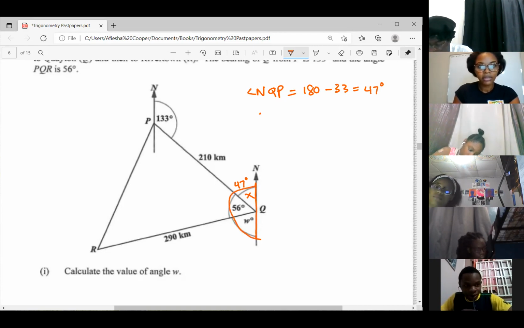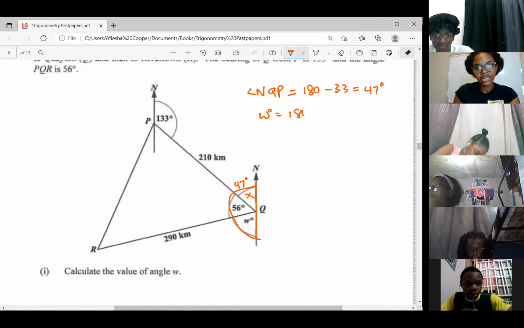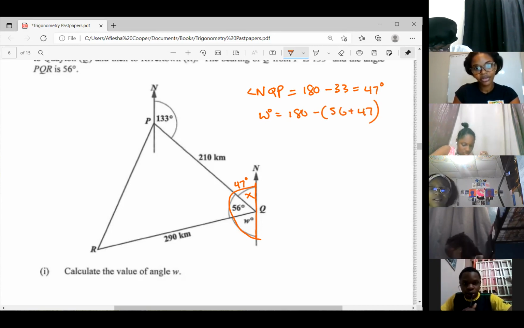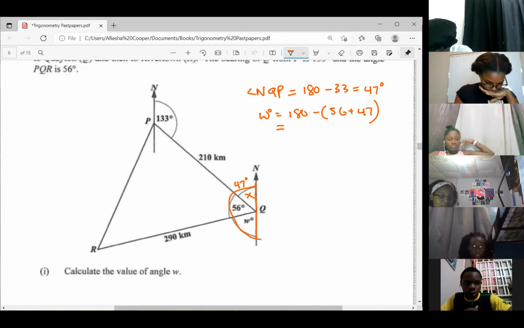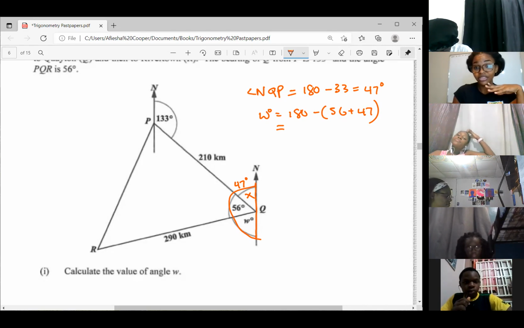So W degrees is equal to 180 minus 56 plus 47, which is how much? All right, 77 degrees.